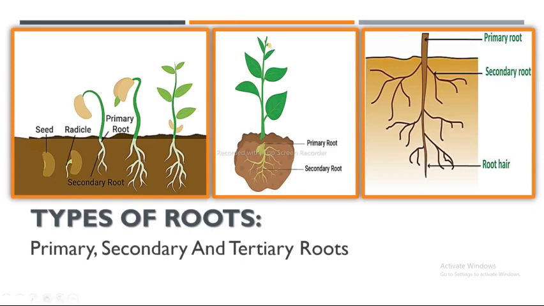In the first figure, you can see that when a seed germinates, the embryonal root, which is also known as radicle, is produced.